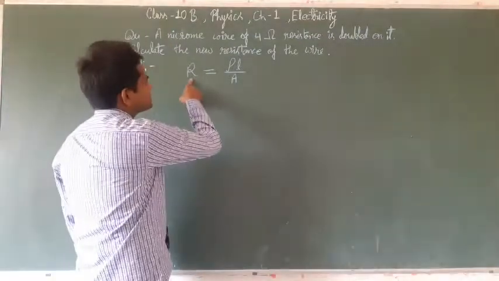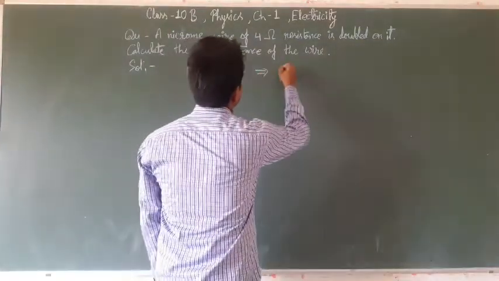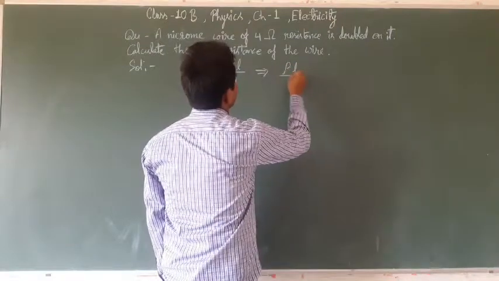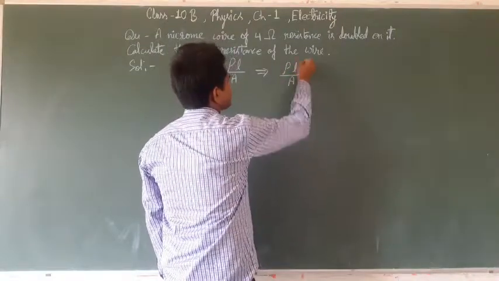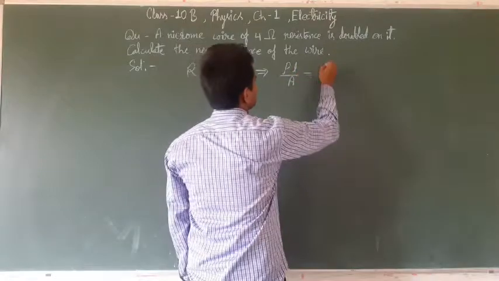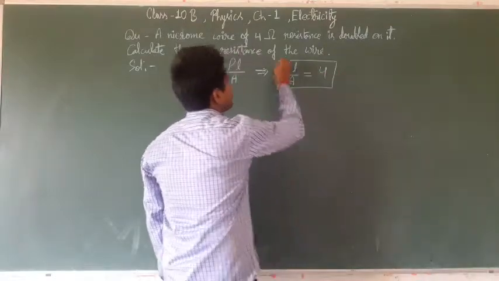So rho L by A is the resistance, and the resistance is given as 4 ohm.